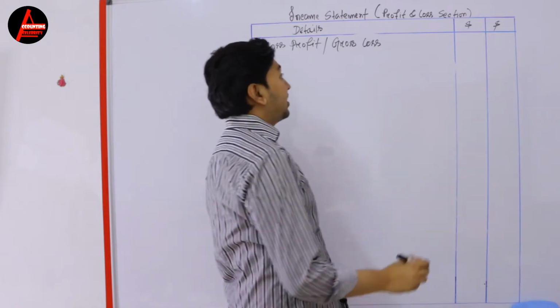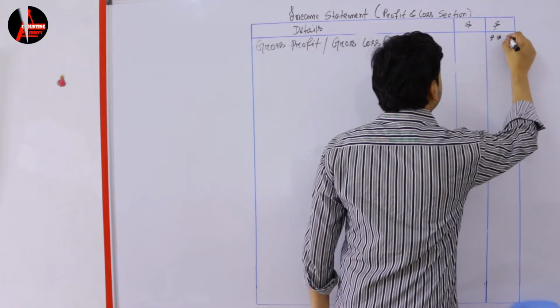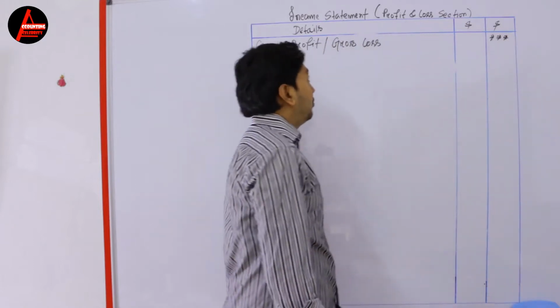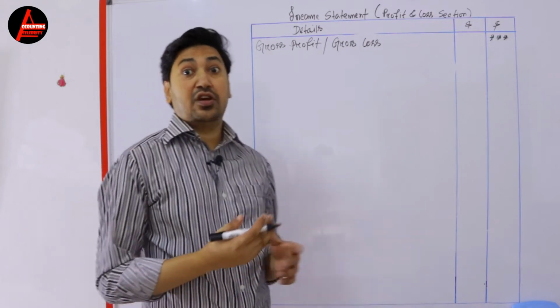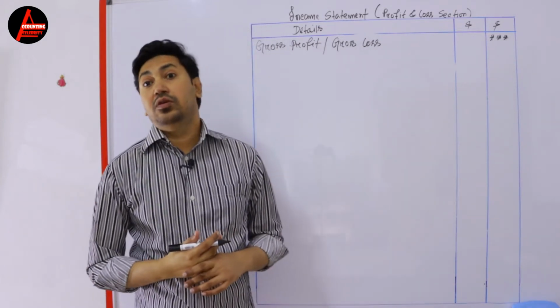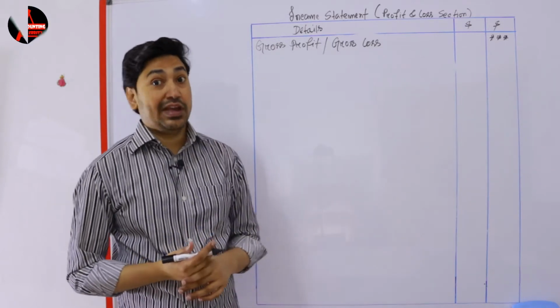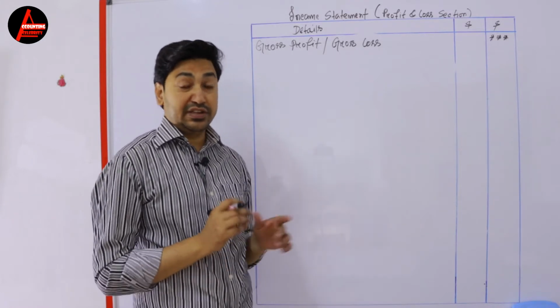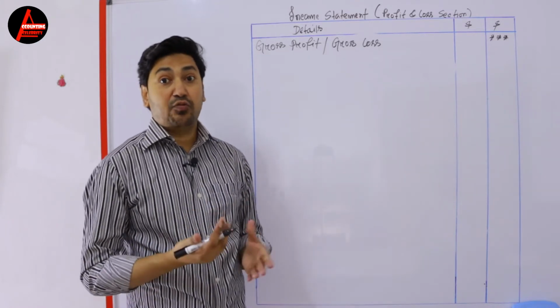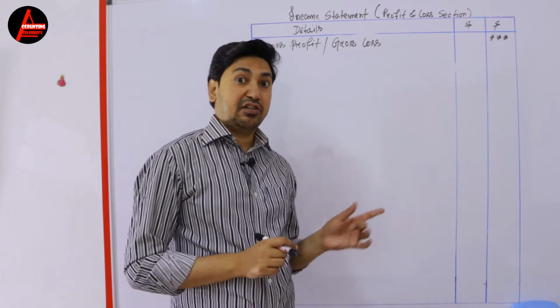This item will come here in the second column. How do you find this gross profit? It will come from the trading account, the first section of this income statement. I have a video on the first section; you can watch it to learn what items go in the trading account section.